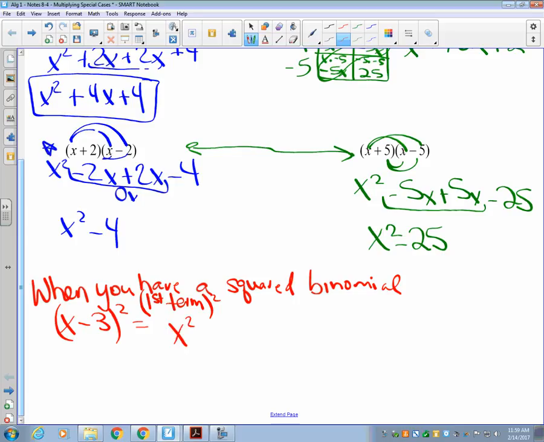It works for any first term. You're going to take your second term and double it. What is 3 times 2? 6. So negative 3 times 2 is negative 6, and then I'm going to put an x on it. And then you're going to take your last term and square it. What is negative 3 times negative 3?